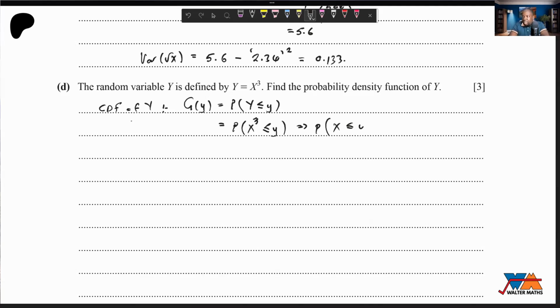So that's basically y to the power of a third. And this is the same as F of y to the power of a third.